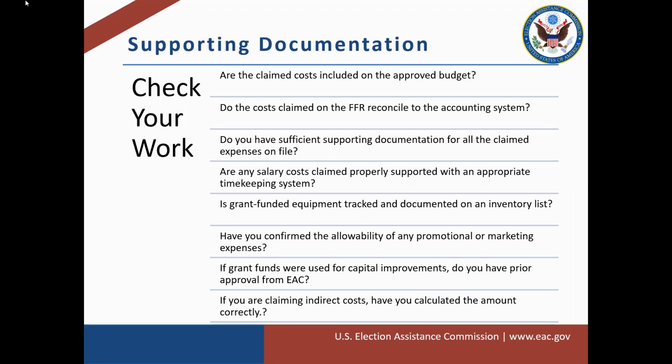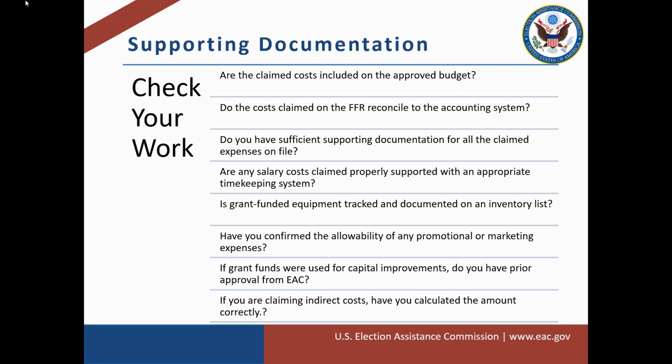Another area is the allowability of promotional and marketing expenses. There are some marketing expenses and promotional expenses that are specifically prohibited for use with the federal funds. And you'll find those in the Code of Federal Regulations in section 467 and 421. Most of you are not going to have any of those costs and don't need to worry about them.